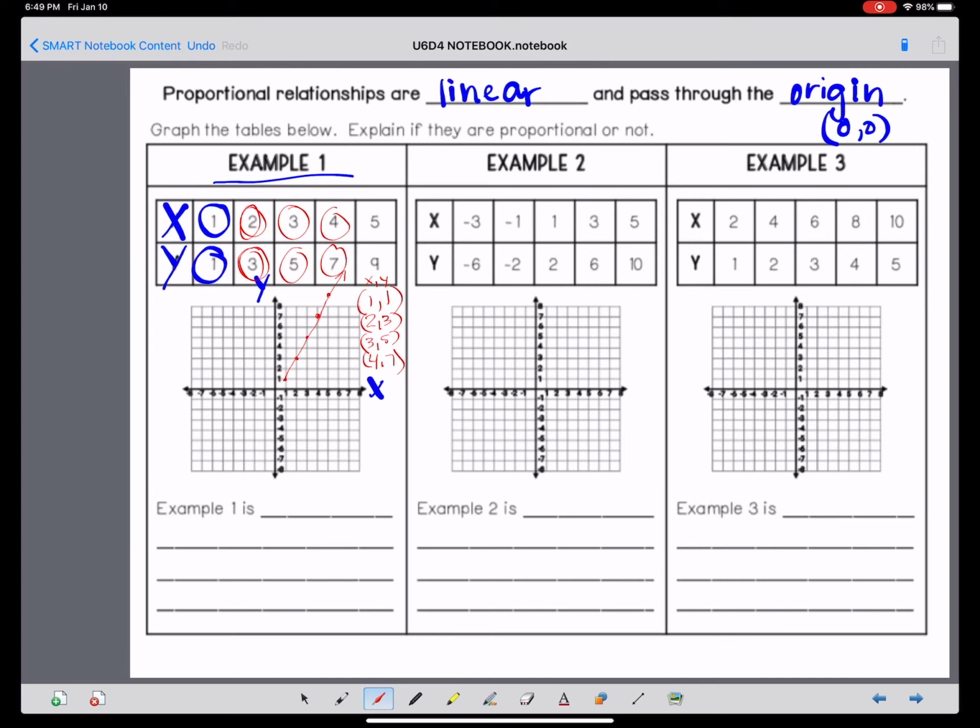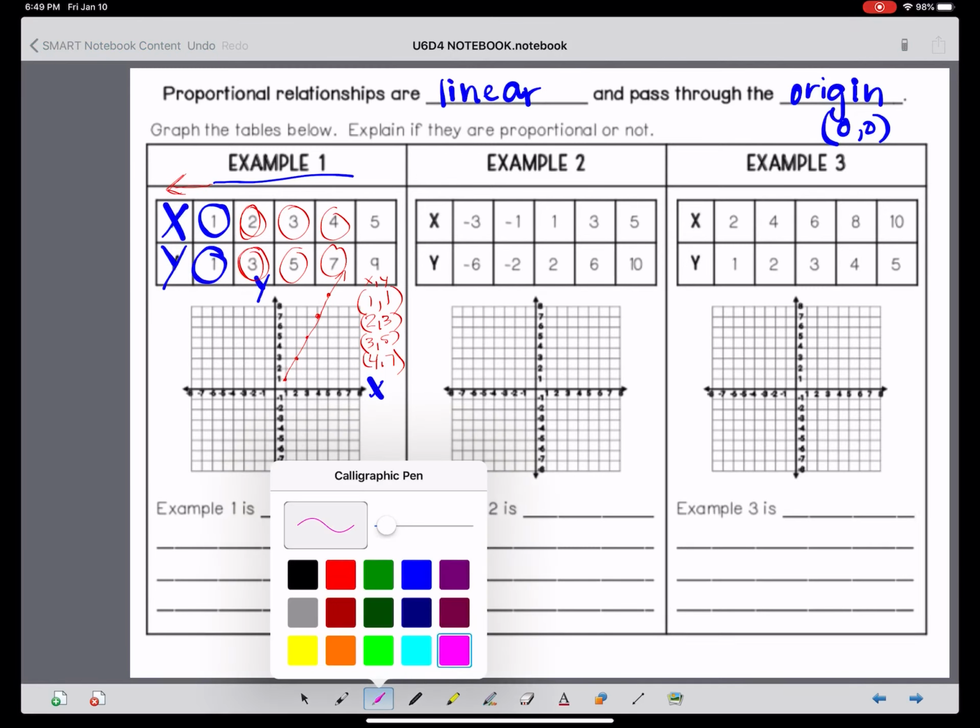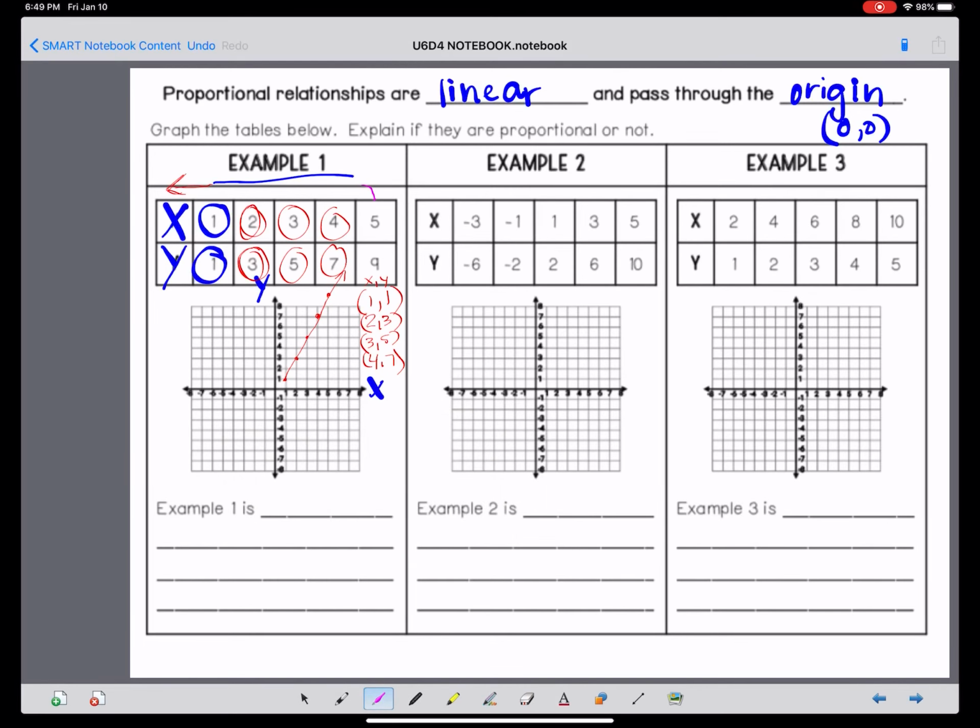Now, I'm not sure right now if my line is proportional because I don't know if it goes through 0. Let's see if I were to take my table and extend the numbers to the left. Let's see what I would get. I'm going to use a different color. I can see that my x values are decreasing by the number 1. So if I were to keep going down one more, I would get a 0. And I can see that my y values are decreasing by the number 2 each time. So 1 minus 2 gives me negative 1.